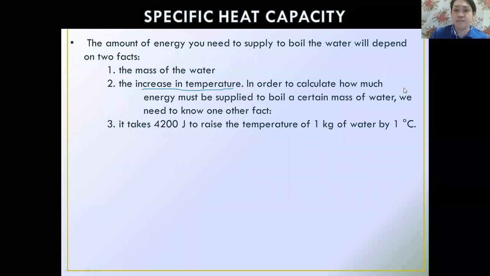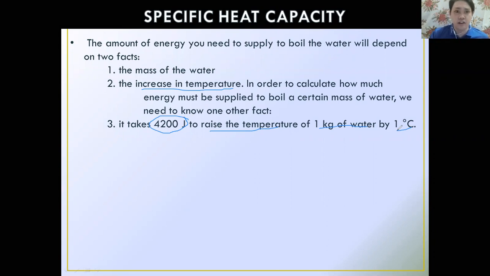It takes 4,200 joules to raise the temperature of 1 kilogram of water by 1 degree Celsius. Again, do not forget this one. This is very important, especially for water. So I want you to remember that one.